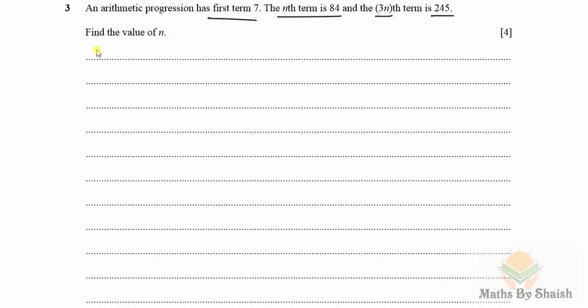So we take the first term as a, so a is 7, and we take the common difference as d. The nth term, according to the formula, we write as a_n, which is going to be a + (n - 1)d.